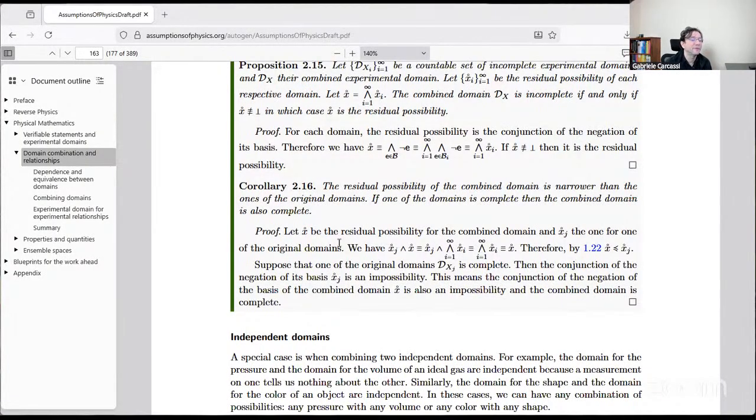If you have a vertical position and a horizontal position, the domain would still be the real line, right? And those would be independent because I don't have a constraint between the two. Or we can say, as we said before, the density and temperature of water, those are still real lines by themselves, but when you combine them, you have the relationship.